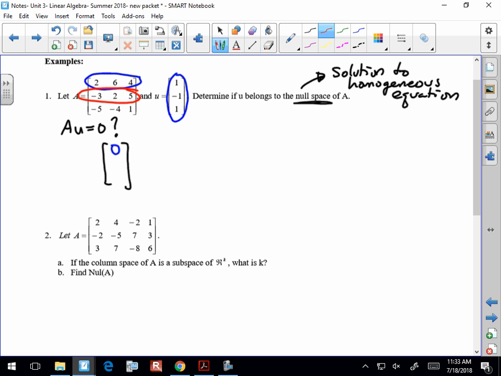Negative 3 minus 2 is negative 5 plus 5, also 0. Negative 5 plus 4 is negative 1 plus 1, also 0. So, yes, it does belong to the null space.